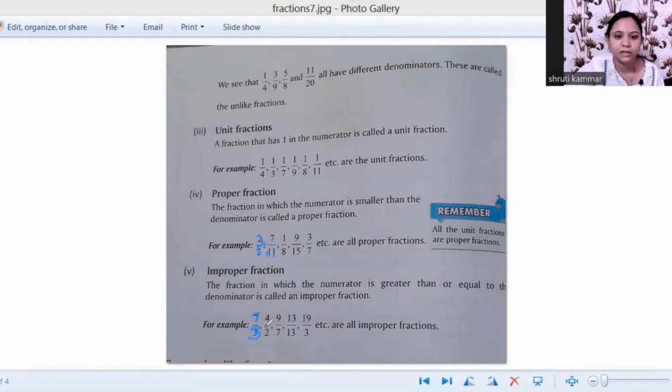In the second example, in one object, they have made 2 parts, but in those 2 parts, they have chosen 4 parts. So it looks a bit improper. So they are called improper fractions. Like this, you can remember what are proper fractions and what are improper fractions.